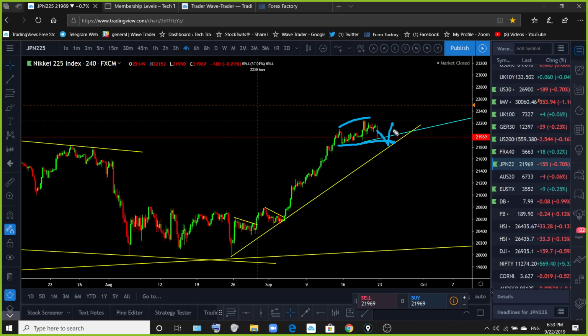So continuation. The same goes for the Dow Jones, S&P 500, Nasdaq 100 index, and US Russell 2000. Same analysis on them.